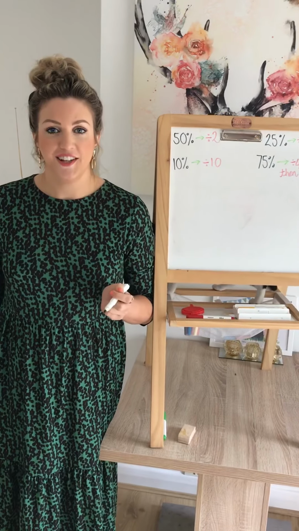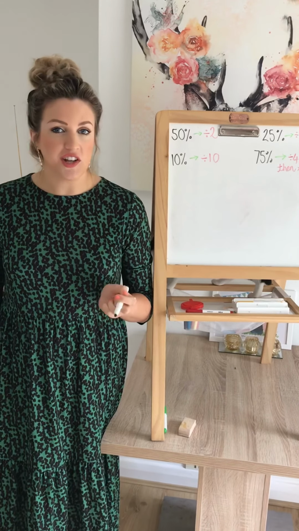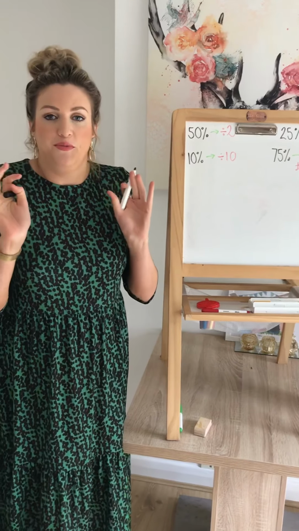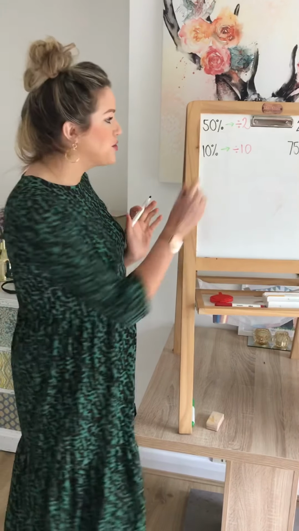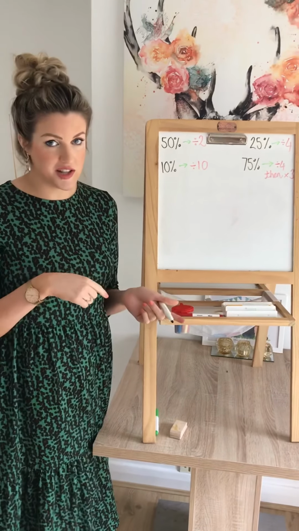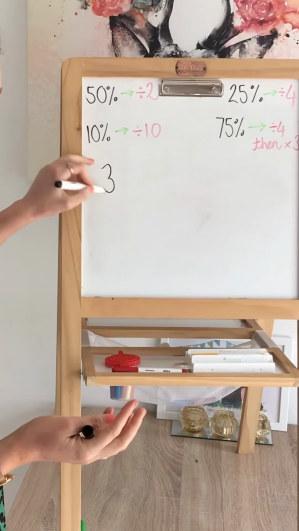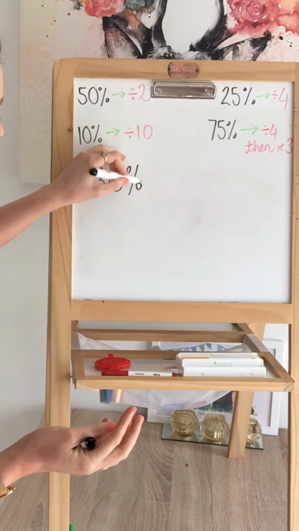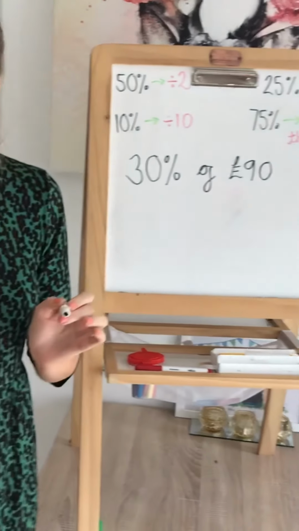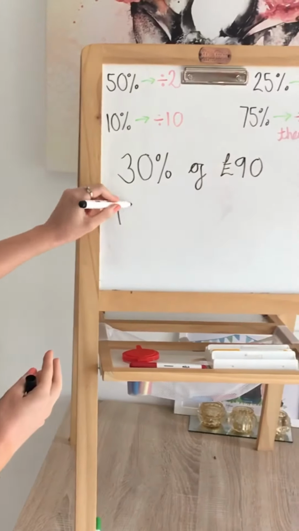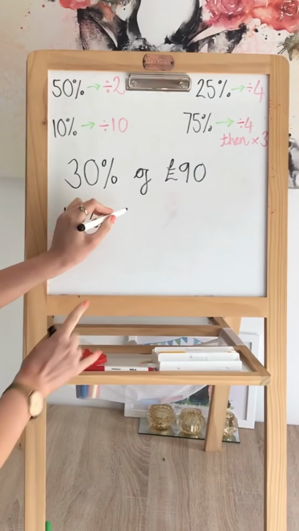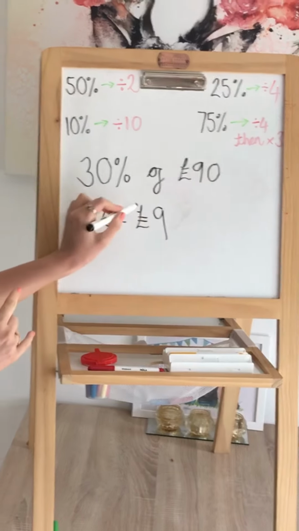Okay. You might notice that some of the questions involve percentages that I haven't gone through yet. But that's okay, because you can use other percentages to make new ones. So for example, if we had find 30% of £90, well, we can find 10% by dividing by 10. 10% would be £9.